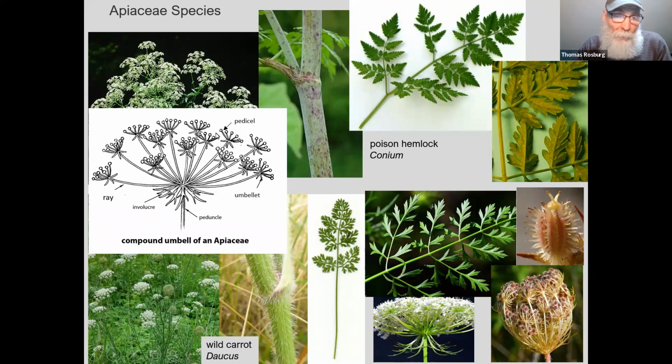Tiny, tiny little flowers. In this diagram, a flower is represented by each of these little circles. That's a single flower. The flowers are really small, and in this inflorescence they get aggregated together in a way that the inflorescence looks like a larger single flower.